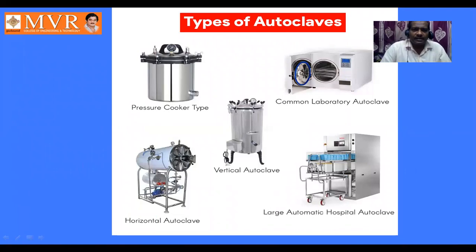If you observe the picture of the types of autoclaves, there is the pressure cooker type, common laboratory autoclave, vertical autoclave, horizontal autoclave, and large automatic hospital autoclave. In the first one, the pressure cooker type, there is a pressure gauge, two lids, and safety fasteners.